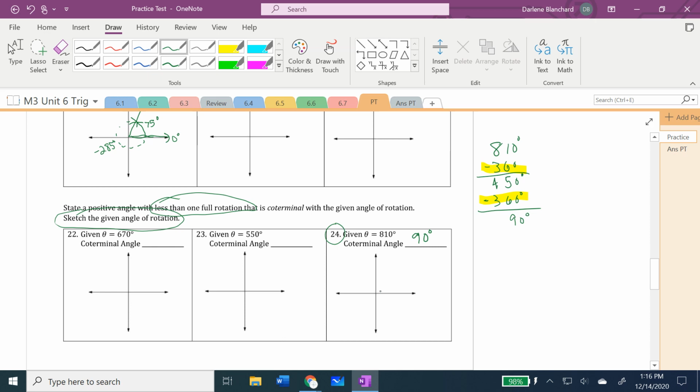So I'm going to go round 1, whee, dink, round 2, whee, dink, another 90, whee, and stop. And that shows the 810-degree angle.